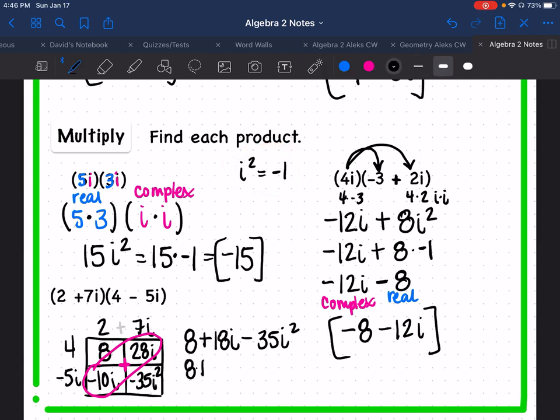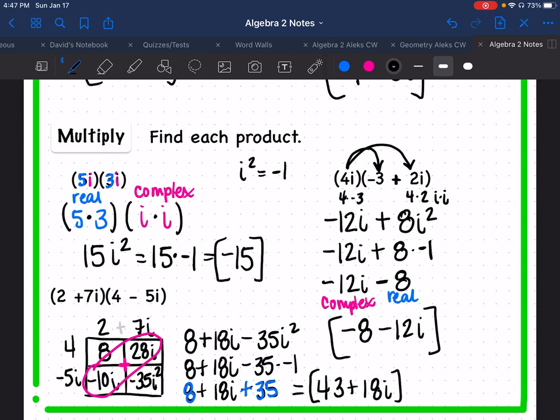So 8 plus 18i minus 35 times negative 1. 8 plus 18i plus 35, because negative 35 times negative 1 is positive 35. And then I can take my two real numbers, 8 and 35, and combine them for my final answer of 43 plus 18i.